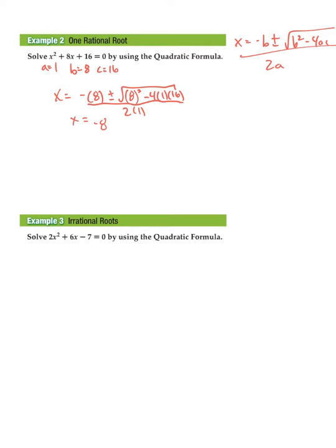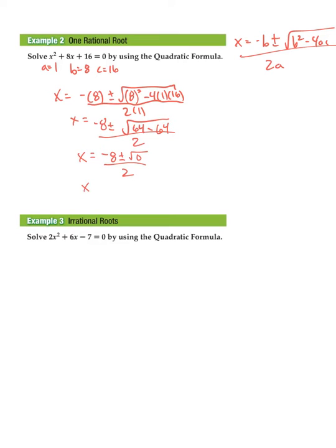Negative 8 plus or minus the square root of 8 squared, 64, minus 4 times 1 is 4, times 16 is 64, all divided by 2. So guys, this one has one rational solution, because 64 minus 64 is the square root of 0, which is 0.